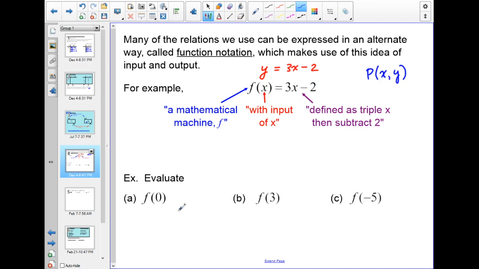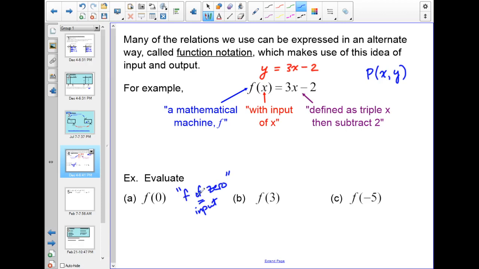Now, operating with this, I mentioned that it looks a little bulkier this way, but then when you start working with it, it actually is a little bit more streamlined. So if I say something like this, if I have f with that input bracket of 0, the way we would actually say this out loud is we would say that is f of 0. So the of is the part that implies that it's a function and we are describing the input of 0.